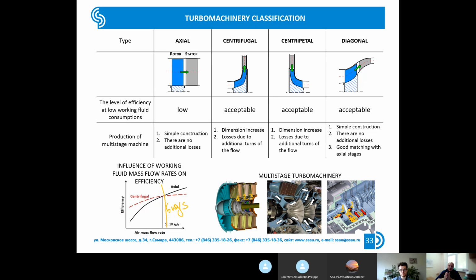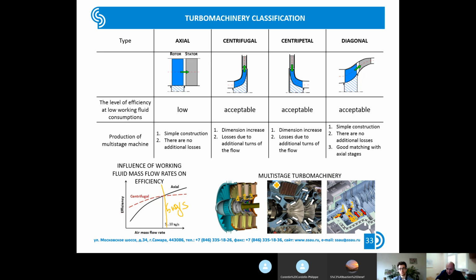So it's possible to create a multi-stage centrifugal compressor and, of course, a centripetal turbine too, but it leads to additional losses, and your compressor will have poor efficiency. That's why such types of compressors are not widely used, but sometimes you could find them.